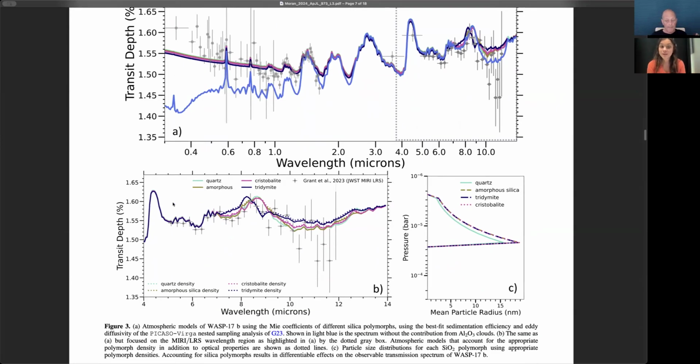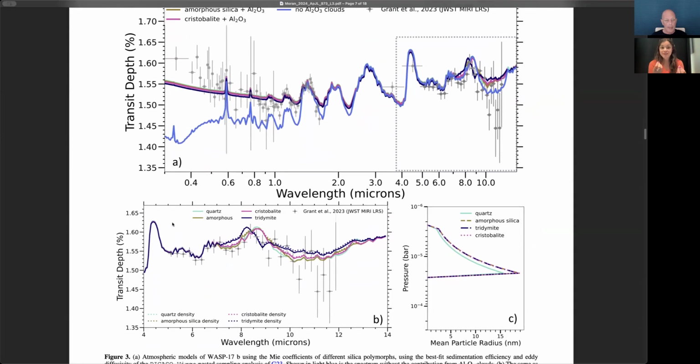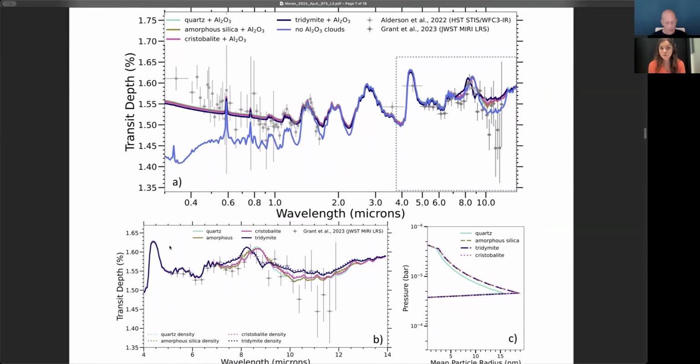But now we're getting into the meat of it: I've accounted for these different optical properties, and they do, in fact, look different at JWST MIRI wavelengths. So the most dramatic one is the dark blue in that tridymite region, where you can see the peak of the feature around 8 microns is significantly bluer than the others. But there are differences even with cristobalite and quartz as well.